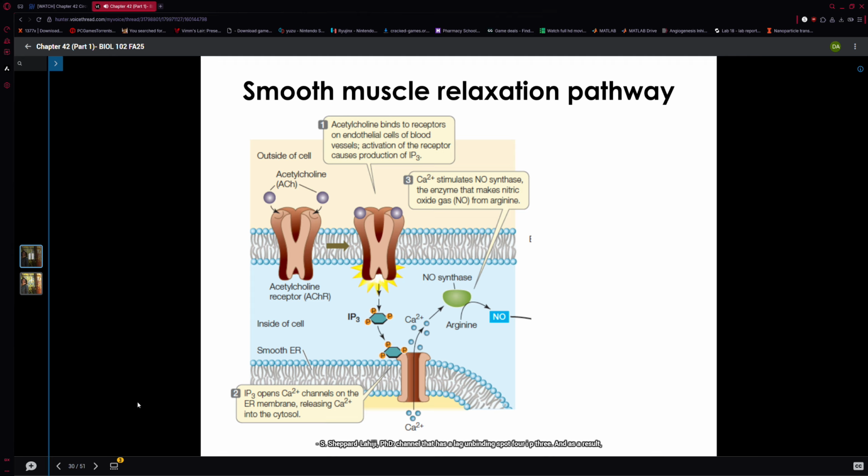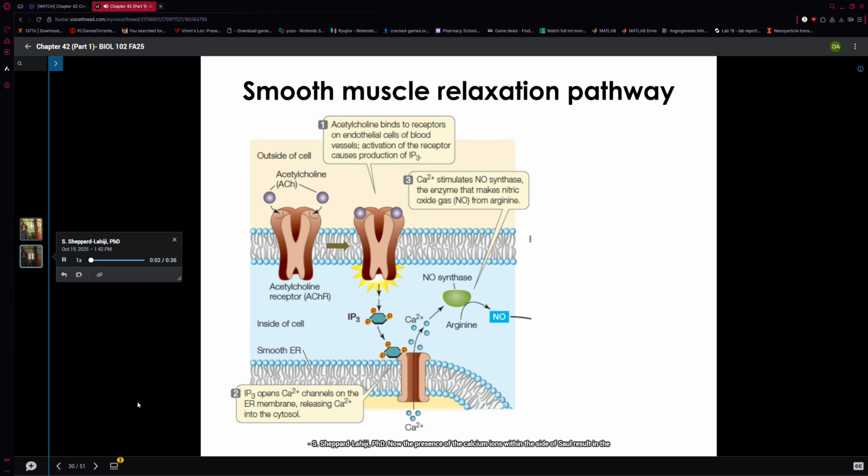As a result, calcium, which is built up in the lumen of the endoplasmic reticulum, will diffuse down its concentration gradient into the cytosol. And as a reminder, there are calcium ATPases that help to ensure that calcium ion concentrations are very low within the cytosol. In this way, the cell is more sensitive to changes in calcium ion concentrations.